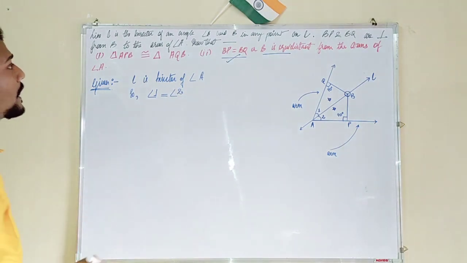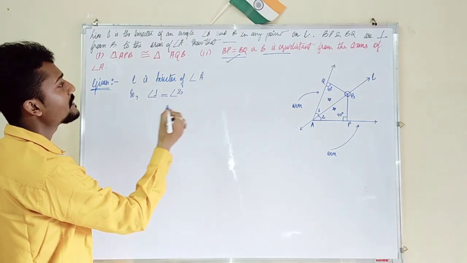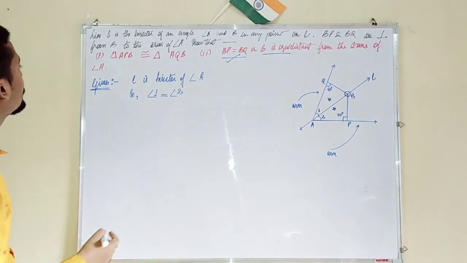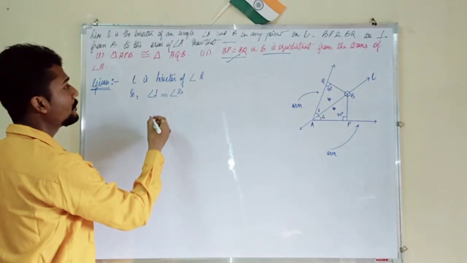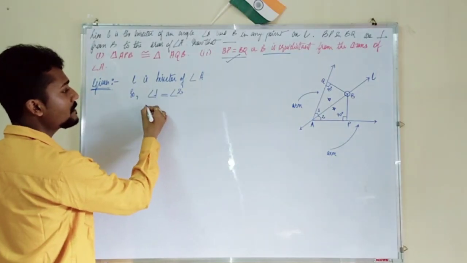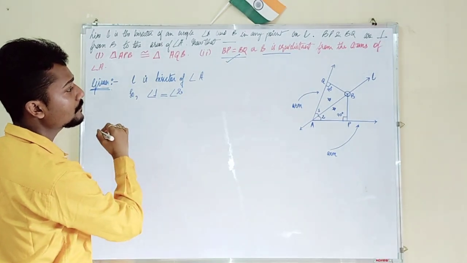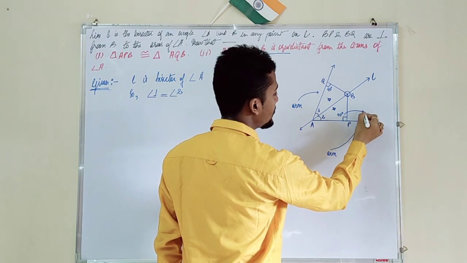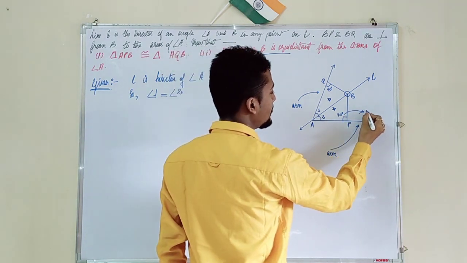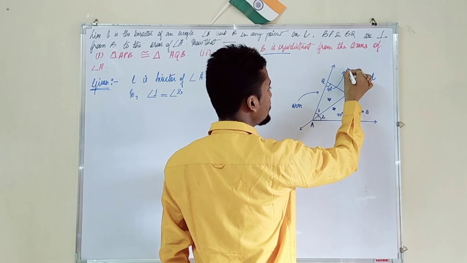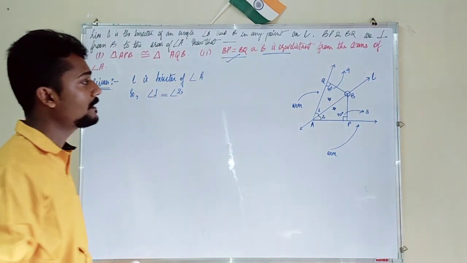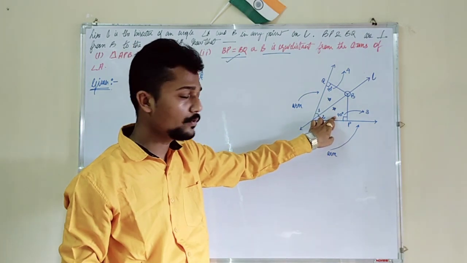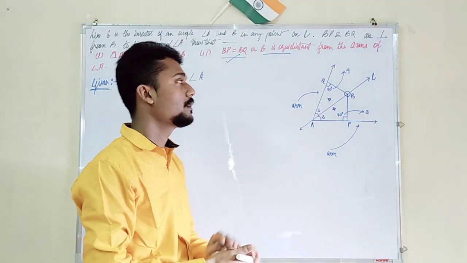Then B is any point on L, then BP and BQ are perpendicular from B. That means this particular angle also we can name. Say for example, think that this is 3 and this is 4. You can mark it inside. Instead of writing 90 degrees, you can write here angle 3 and angle 4.